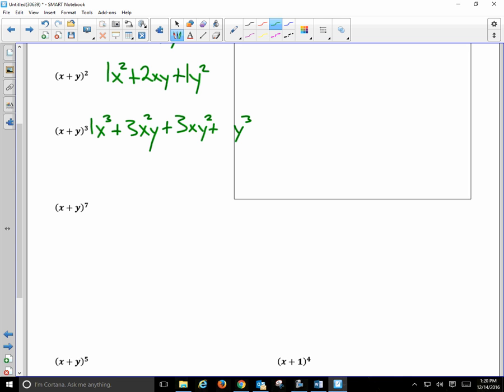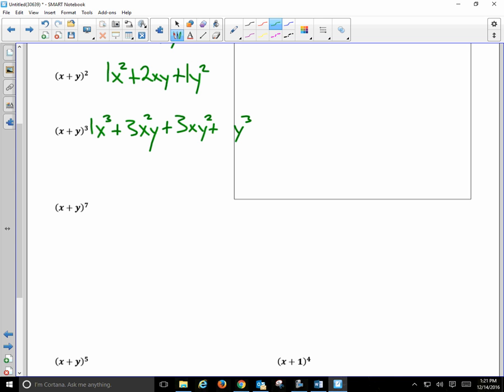First of all, what's important for you to note right now is not necessarily the coefficients, but the powers. Notice that we have 3, we have 2 plus 1 is 3, we have 1 plus 2 is 3, and we have 0 plus 3 is 3. So the degree of the monomial always ends up being that of our expansion power, okay?